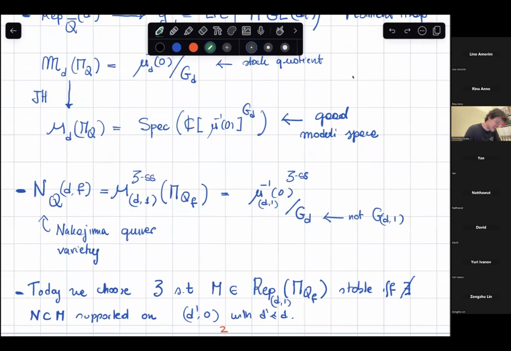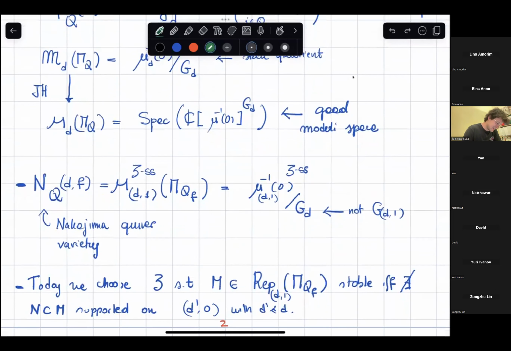This is a stability condition saying that a module in the space of representations of my framed quiver is stable if and only if there exists no submodule N supported only on the principal part of the quiver, whose dimension at the vertex at infinity is 0. That's what I state in this line.